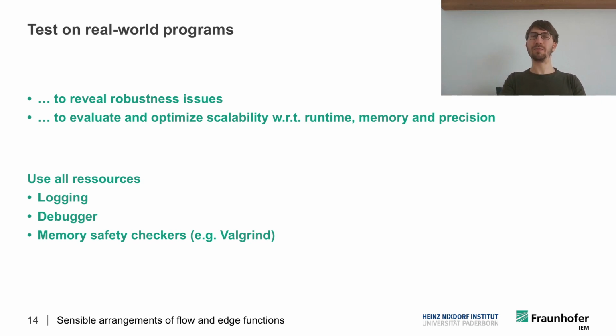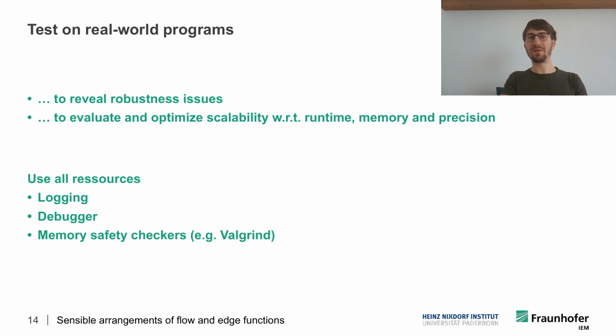While testing on real-world programs, there are multiple resources that you can and should use. So first of all, logging. It is very helpful to see what your analysis is doing, especially what it was doing just before it crashed, when it crashes. And when it crashes, it will be useful to use a debugger to see what is going on there.